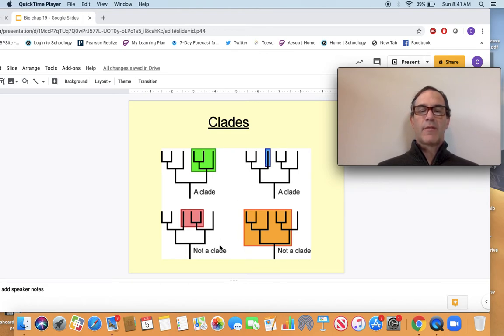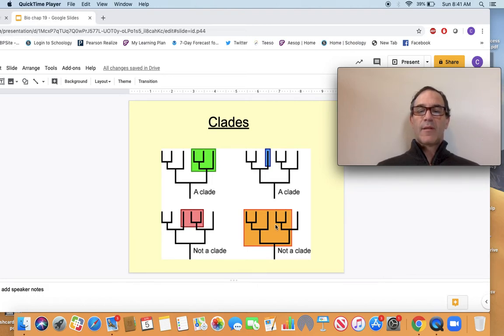However, down here in red, we see a group that includes some distantly related members that don't include the common ancestor, right? So this would not be a true clade. In order to be a clade, we could say the entire thing here is a clade, right? Because it includes that common ancestor. But we can't just pick and choose a few of them and say, wow, you're a clade.